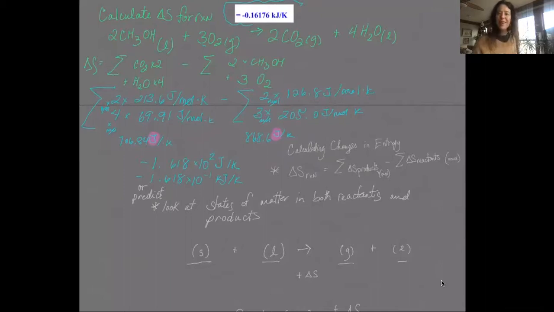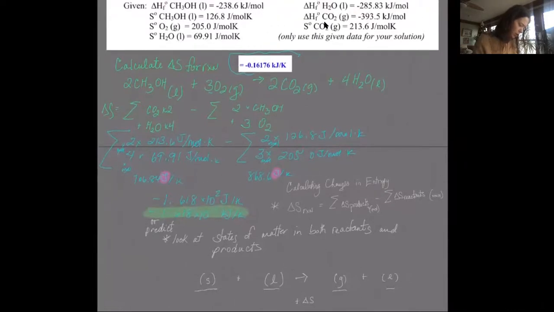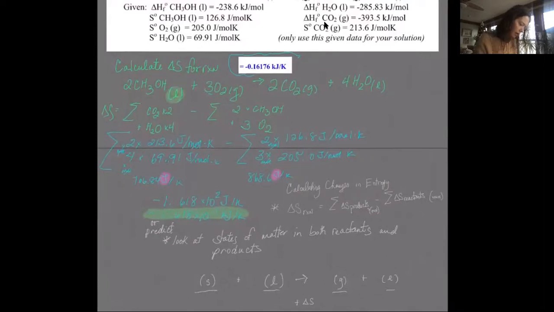All right, that's going to end that. No, let's look and see if that makes sense. So what I see is a very minimal change here, 0.16. We should be able to look up here at our states of matter and see, we've got 2 moles of liquid, 3 moles of gas, to 2 moles of gas and 4 moles of liquid.